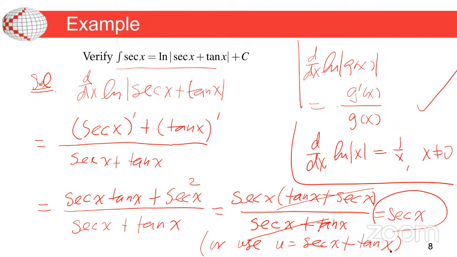Then we have to convert this into the integral of 1 over u. You can look at the book if you are interested. So that's a choice in life. If you want to verify something, it's easier than discovering something, right? Okay, any question? You can do this for all of the other four formulas.